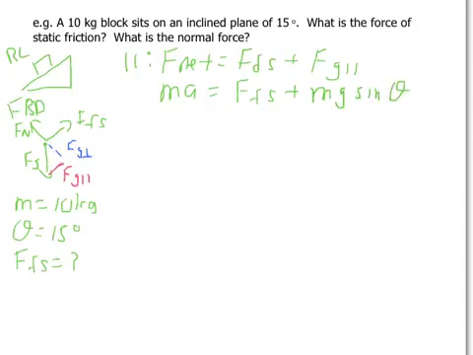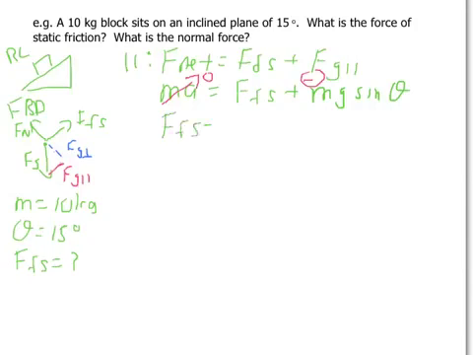And remember, because now we're substituting, we should check for signs. Fg parallel is acting downhill, so it is negative using our convention system, so we put in our negative sign. Also, another thing that we can do right now is say that acceleration is 0 because the block is at rest. So then we can now solve for Ffs.